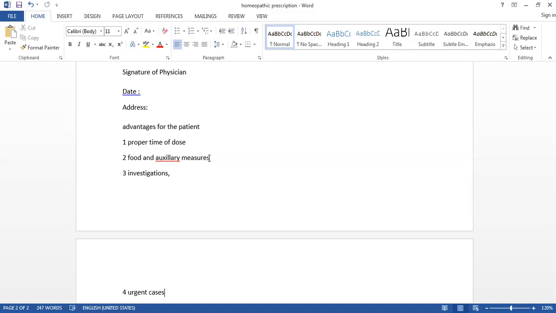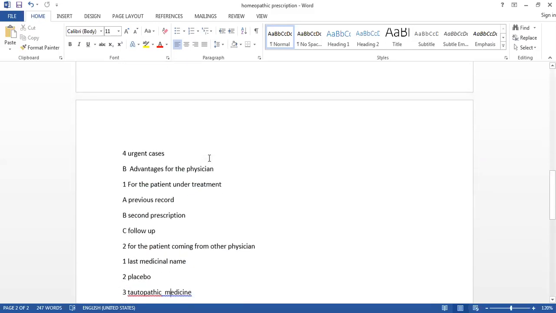Then in the urgent cases, he can talk with the physician. Suppose the patient is in a moderate condition of the disease, but suddenly it changes to a severe one. Then anybody from his family can call that physician and describe the condition of the patient, and until coming to the physician, he can take one dose.